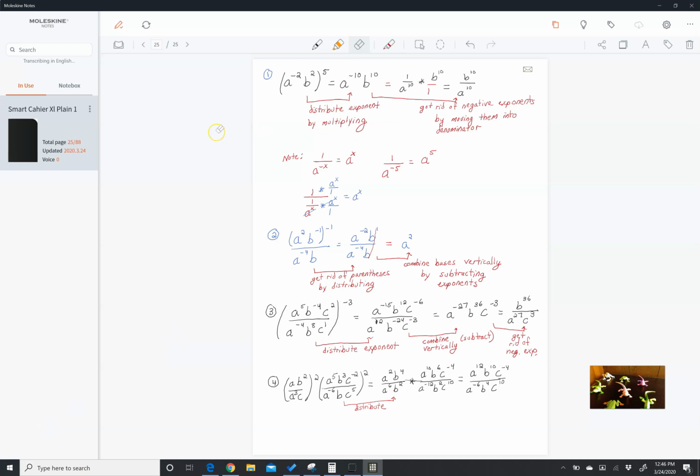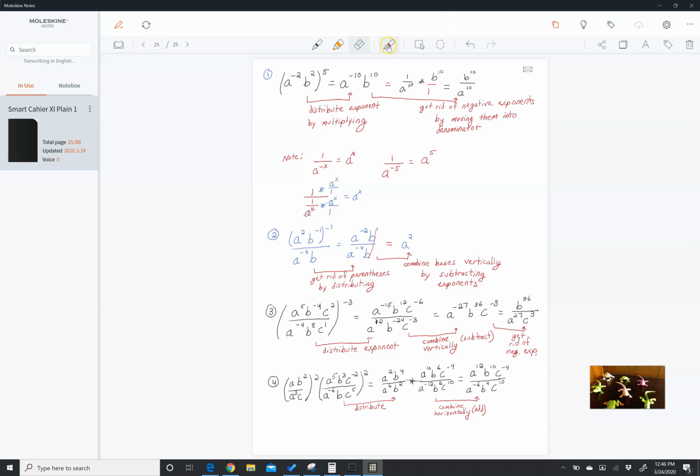So we combined horizontally. This was the step that we were missing, and now we're doing it. This is the greatest number of steps that we'll ever have to do. It's a 4-step process.